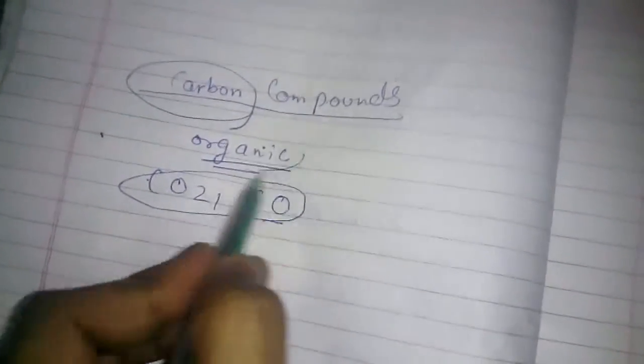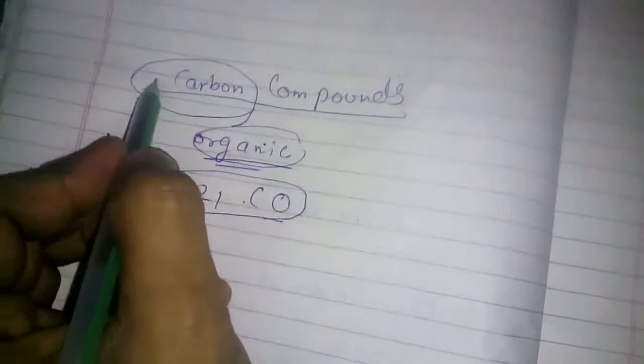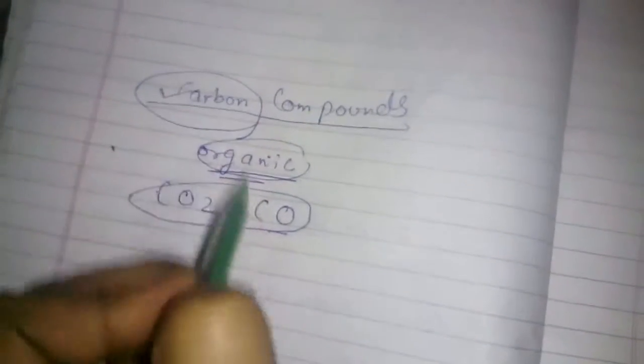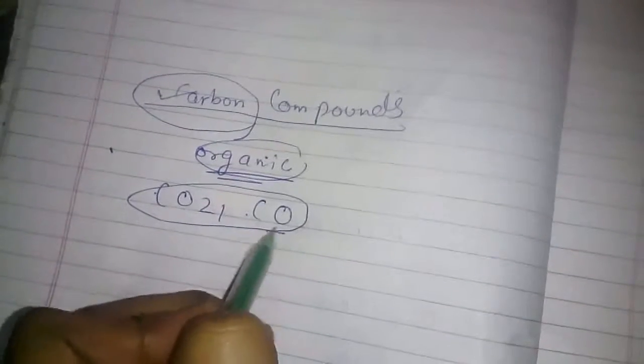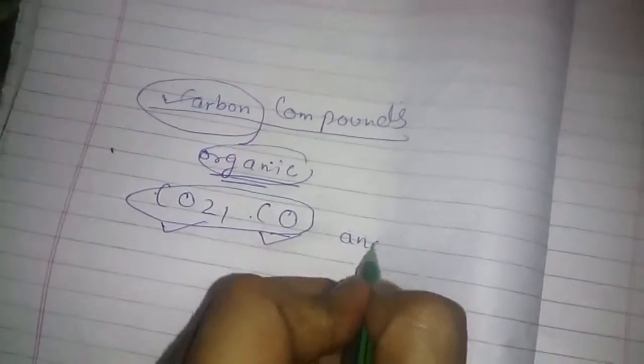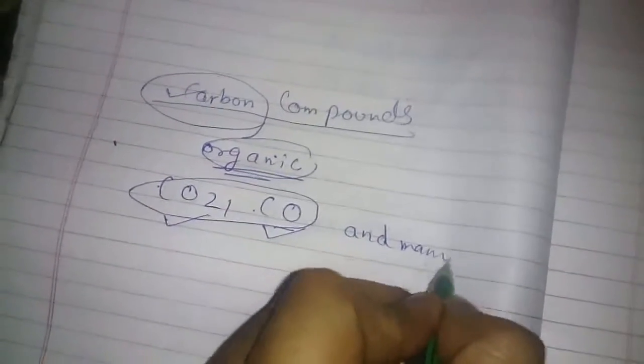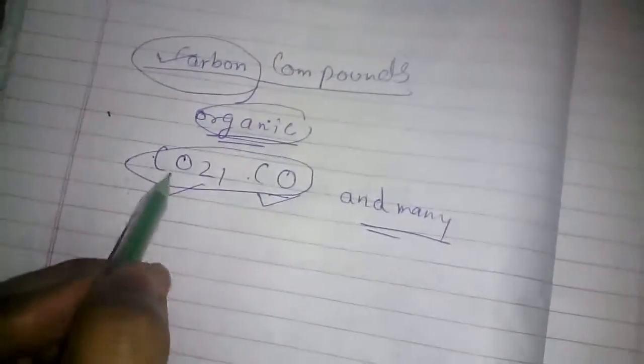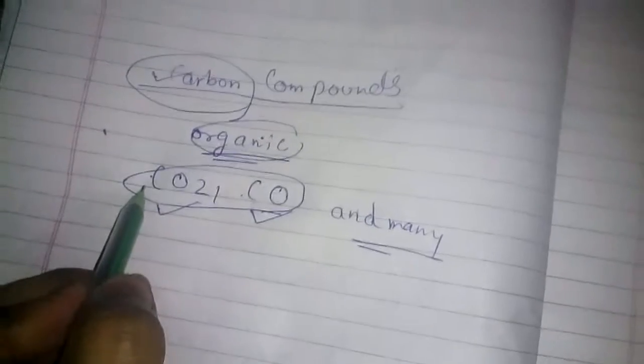So, organic compounds are those which have the presence of carbon in them, but some compounds like carbon monoxide and carbon dioxide and many others have carbon but are not organic compounds.